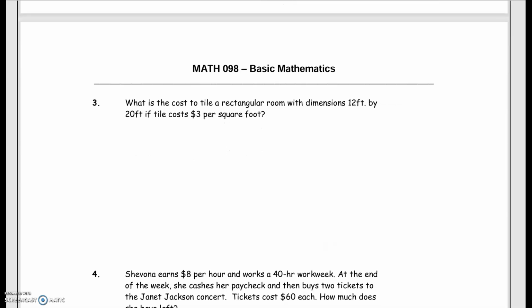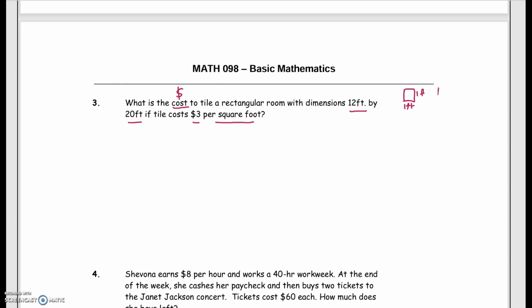It says, what is the cost? So our final answer has to be in dollars. To tile a rectangular room with dimensions 12 feet by 20 feet if tile costs $3 per square foot. So we can assume that each tile is 1 foot by 1 foot.